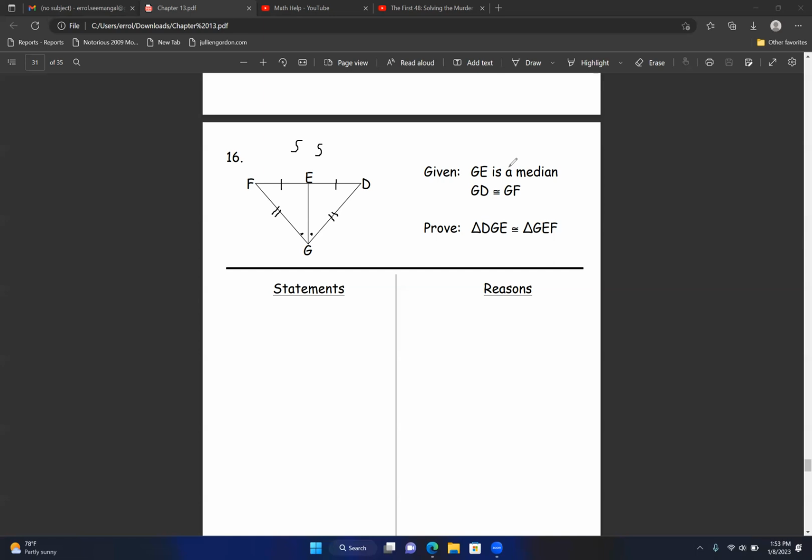If this said bisector, then that would be true. But it's median. So these two angles do not equal each other if it's a median. So we're going to say side, side, side. This and this, this and this, and this. Get it? Okay. So what's number one?